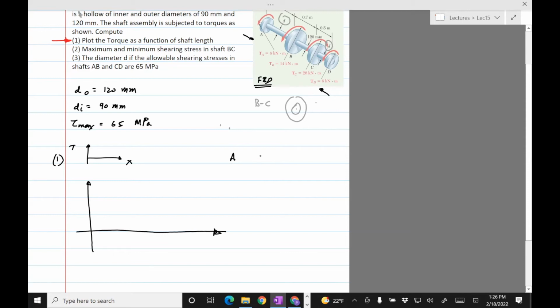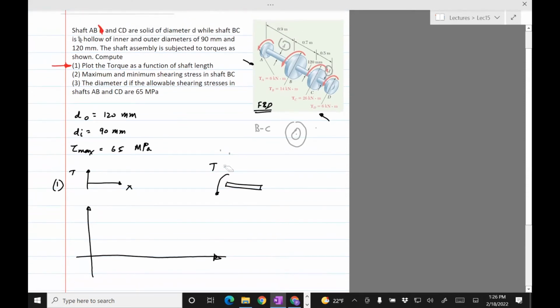So from A to B, just draw it in the same view. At A, we have a torque of 6, and that's counterclockwise. There's a torque which is needed, the reaction torque, because we cut the shaft somewhere between A and B, and that torque resists the 6 kilonewton meter torque.